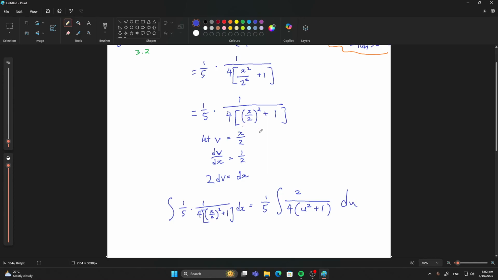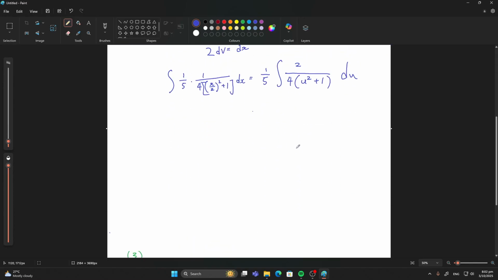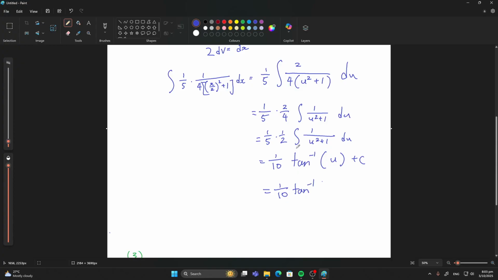Time to bring out more constant. So it equals 1 over 5 times half, times the integral of 1 over u squared plus 1 du, which equals 1 over 10 tangent inverse u plus c, so tangent inverse of x over 2 plus c.